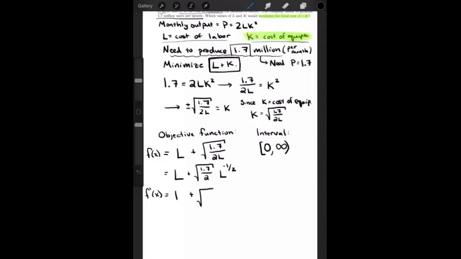Alright, so this square root piece is a constant, and then we can use the power rule on this L to the negative 1/2, which says to pull that negative 1/2 down, have another L, and subtract 1 from the power.